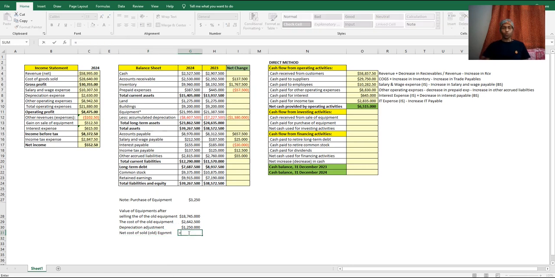This is equal to 2642 minus 1250, 1392.50, and there is a gain in the sale, right? So cost plus gain is equal to sale price of the old equipment.